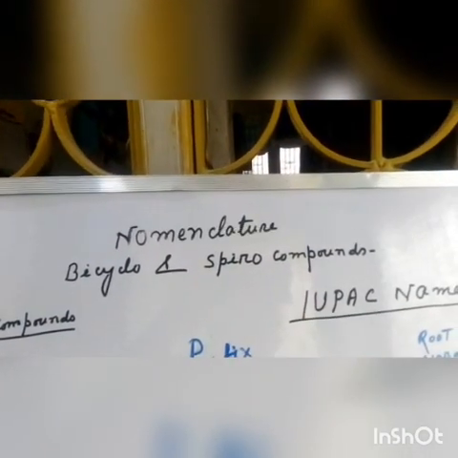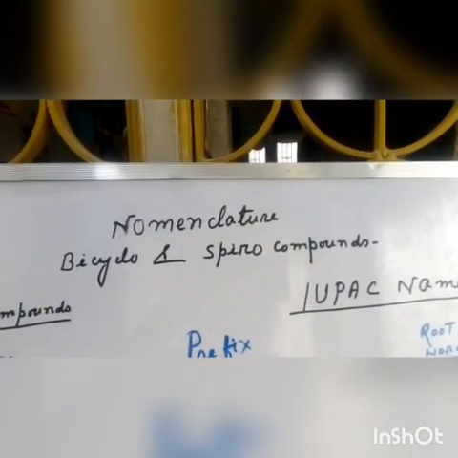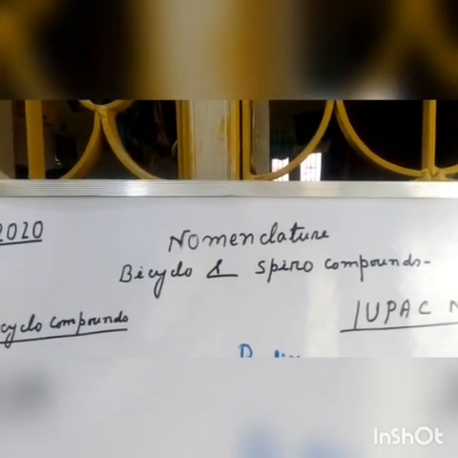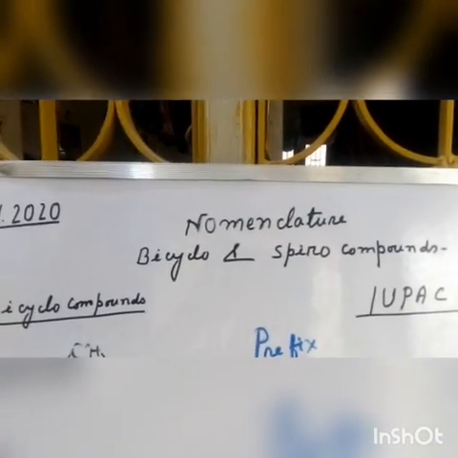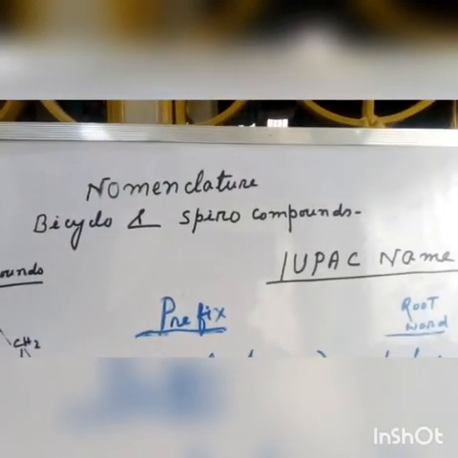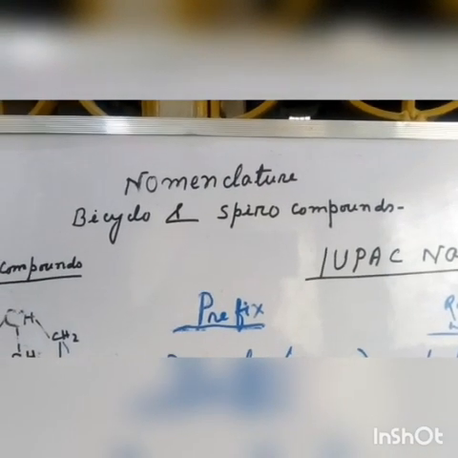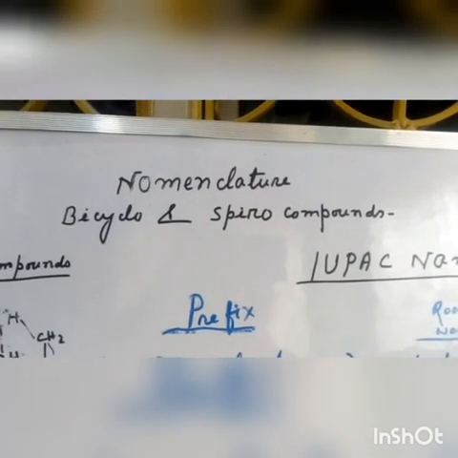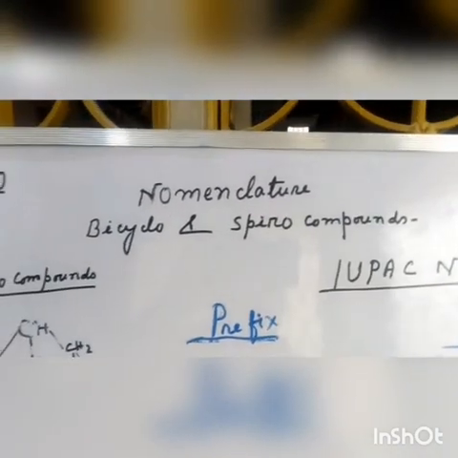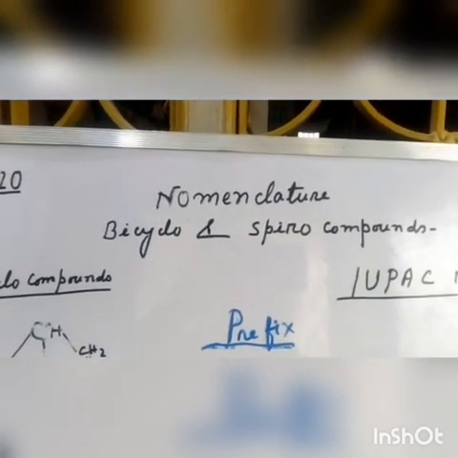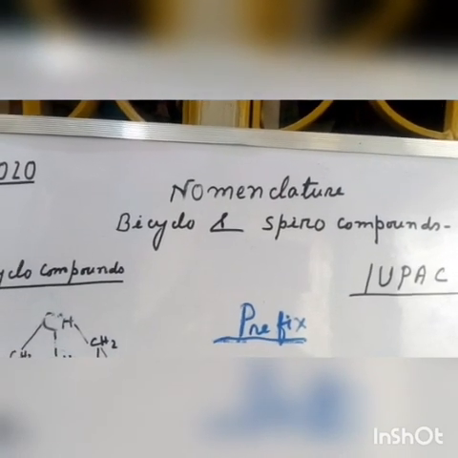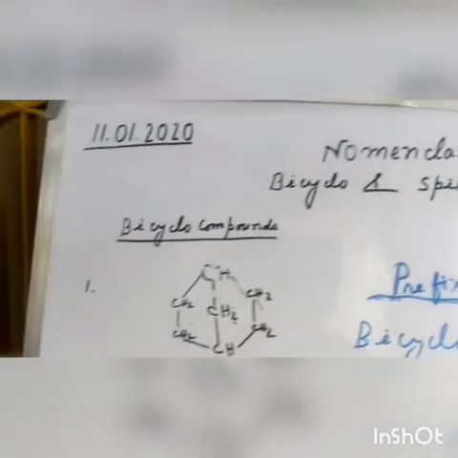In my previous class, I started the basic concept of nomenclature of organic compounds. Today, I shall discuss nomenclature of organic compounds, bicyclo and spiro compounds, aiming at the students of class 12 and JEE and NEET aspirants.